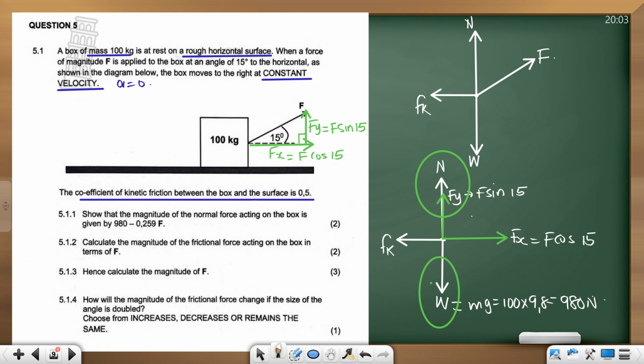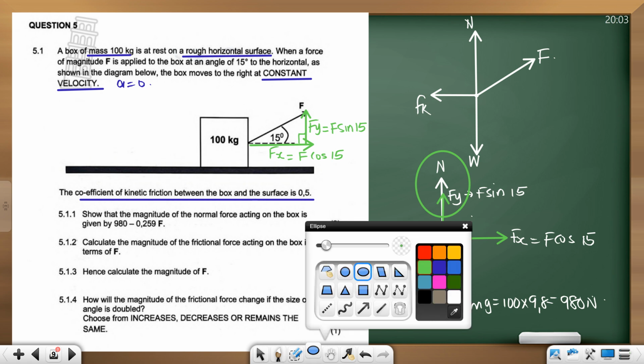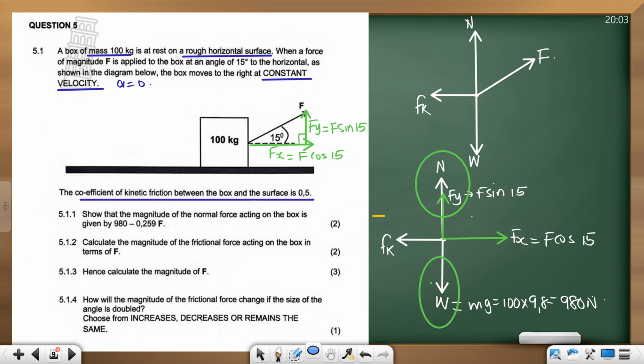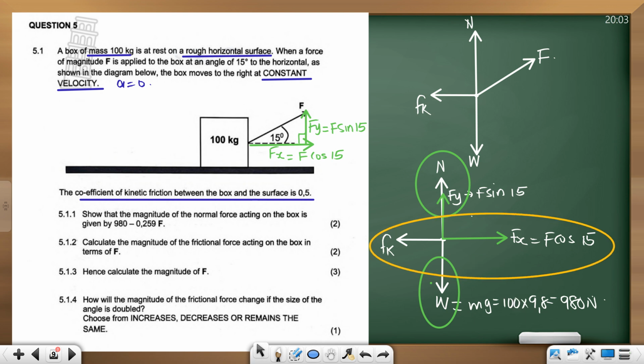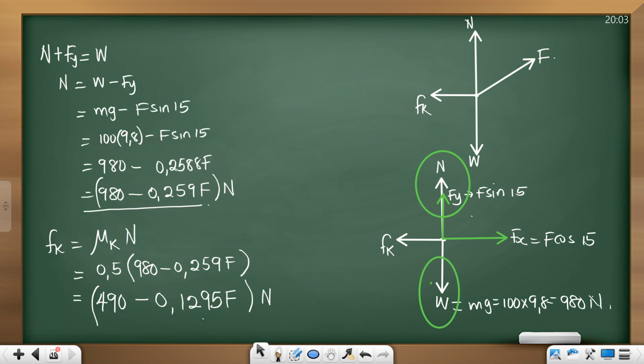Hence, calculate the magnitude of F. Beautiful. And to get F, let's see, what can I use? Now I know friction, so I can use my horizontal. I can use this, because I know it's at constant velocity. So F cos 15 minus my frictional force should be equal to 0.